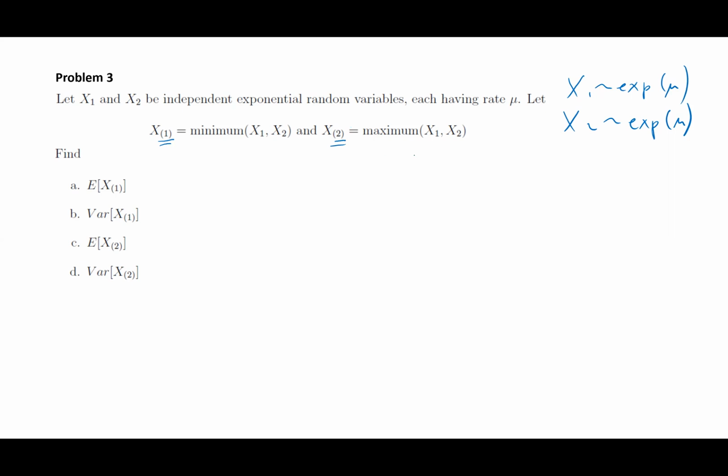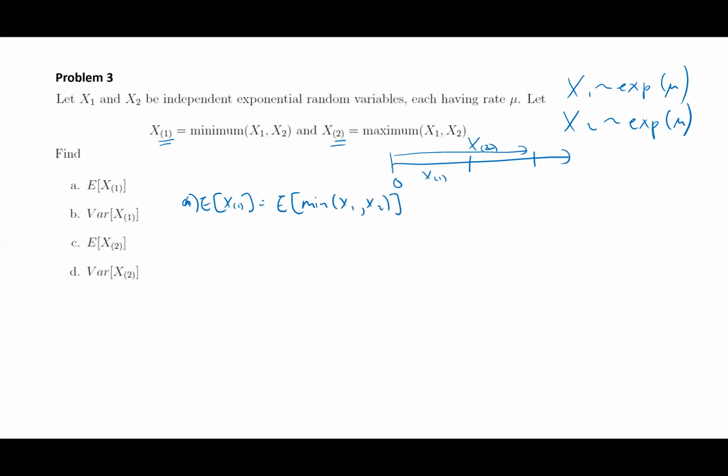Let's look at a timeline here. At 0, you can think of X_(1) as this first event, and X_(2) is actually this entire thing, the maximum event. For part A, I want to find the expected value of X_(1), the expected value of the minimum of X1 and X2.